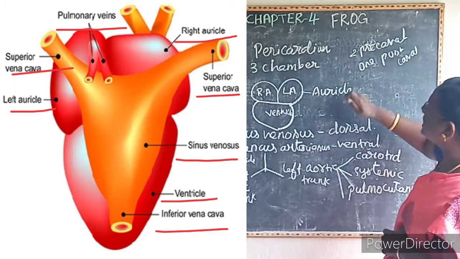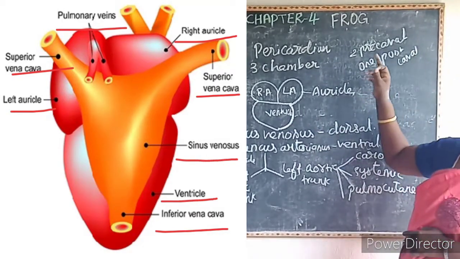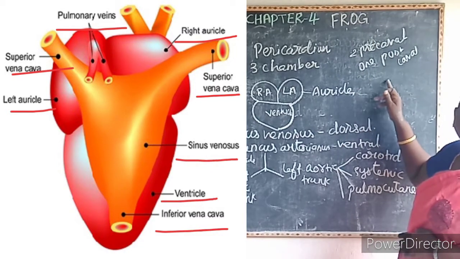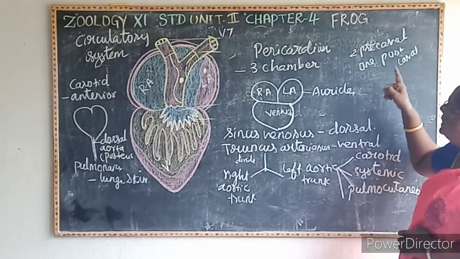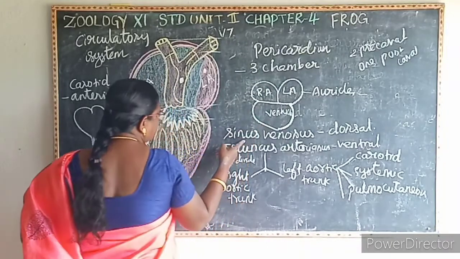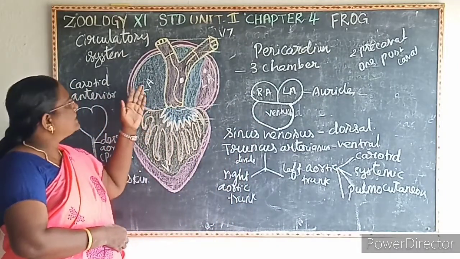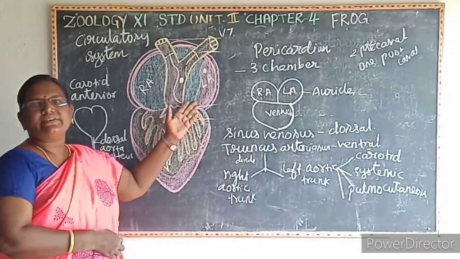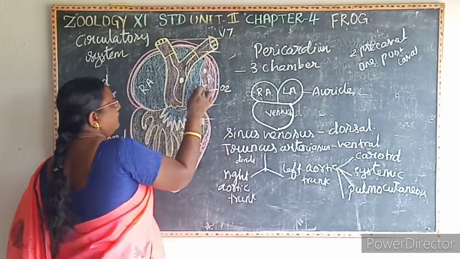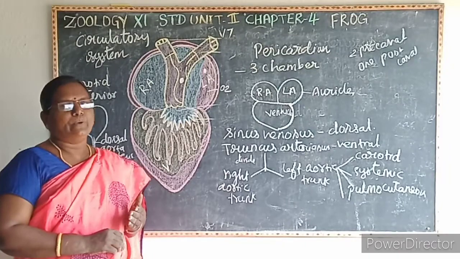The sinus venosus receives deoxygenated blood from the anterior region of the body through the 2 precaval veins and from the posterior region of the body through the 1 postcaval vein, and delivers this deoxygenated blood into the right auricle. At the same time, the left auricle receives the oxygenated blood through the pulmonary vein.